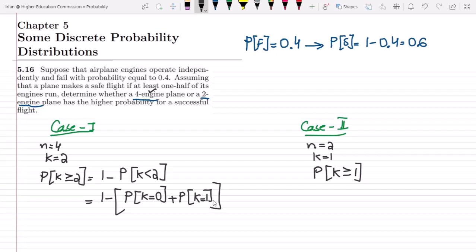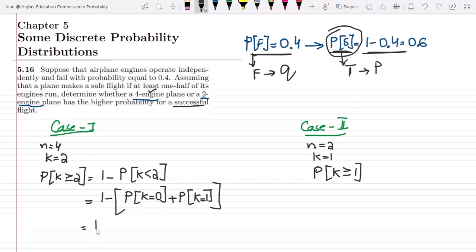This is basically the case of the binomial probability, because we have two cases, failure and success. Success is the true case, which is p, while failure is the false case, which lies in q, because here we have to find the successful flight.